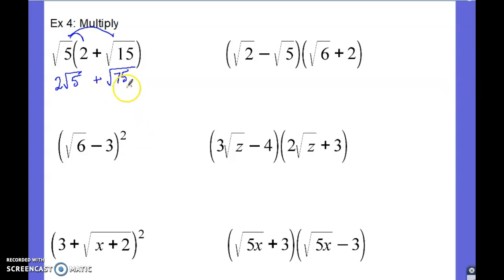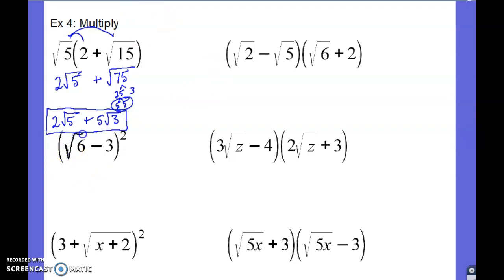Now, I do want you to practice simplifying root 75 because you can break it down as 25 times 3 and then 5 times 5. So the answer I would like to see is you can't do anything with that 2 root 5, but you can bring that pair of 5s in front, root 3. That's what I would like to see for this answer.